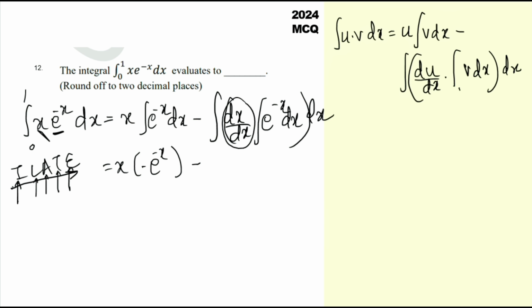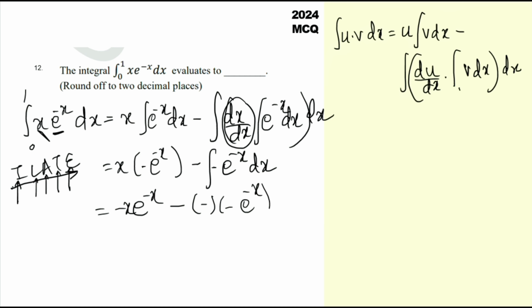So this will become 1. So we will get again x into this plus minus x. So ultimately we will get minus e raised to power minus x, and now we will put the limits from 0 to 1.